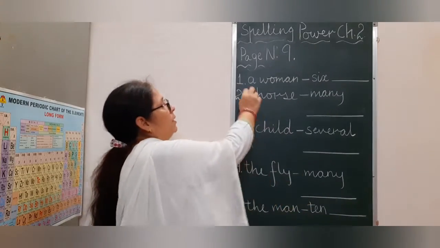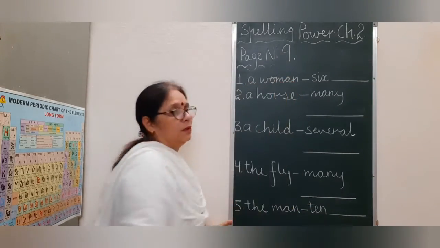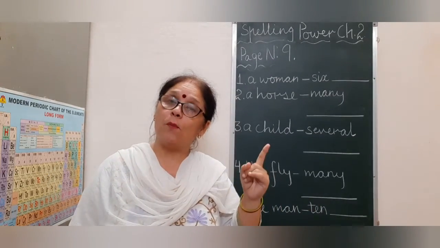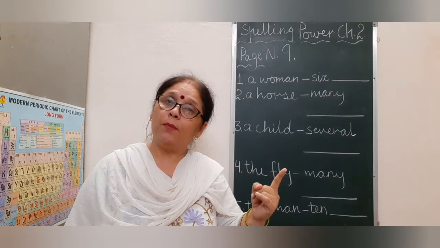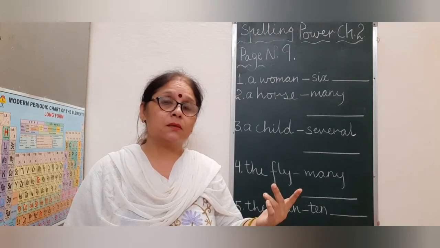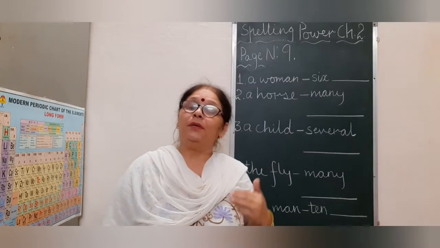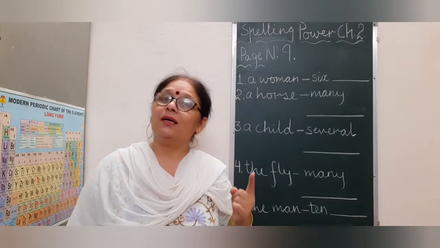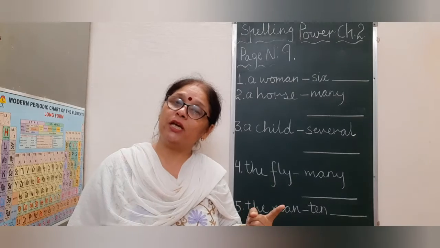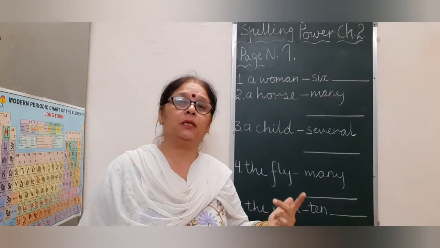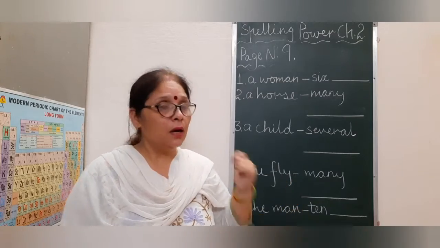Look at the number 1. A woman. Singular noun. One woman. एक woman. Yes. आपने अभी थोड़ी देर पहले पढ़ा था कि we have to change the vowel of the word while forming the plural noun.